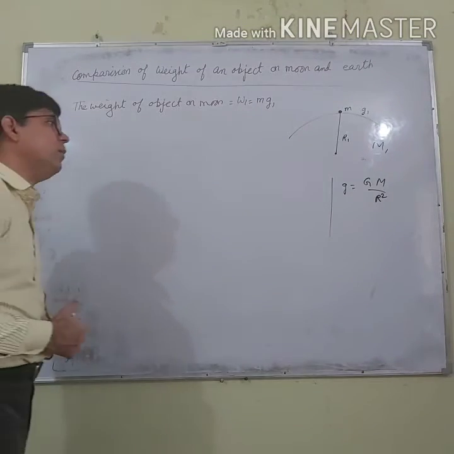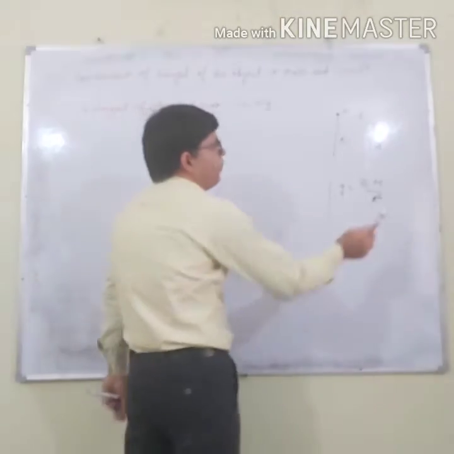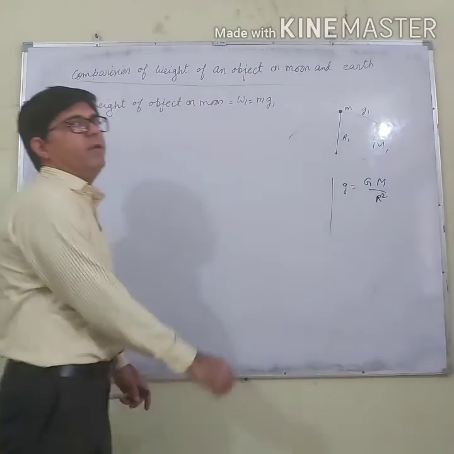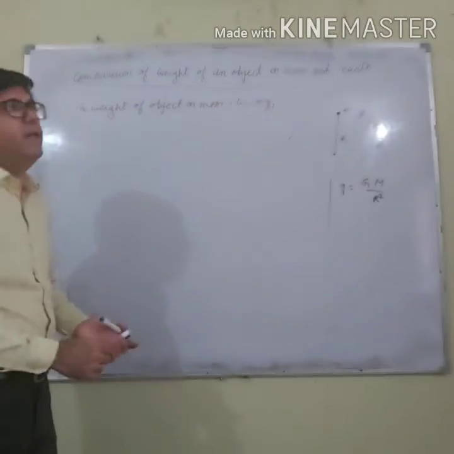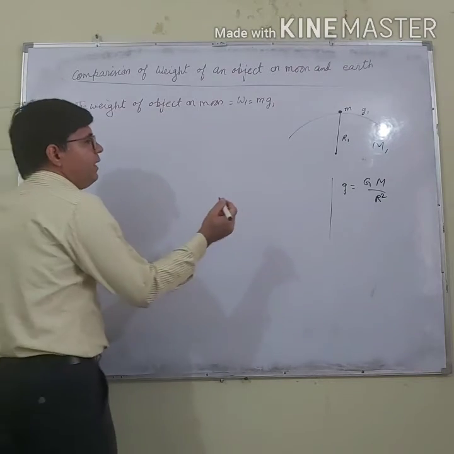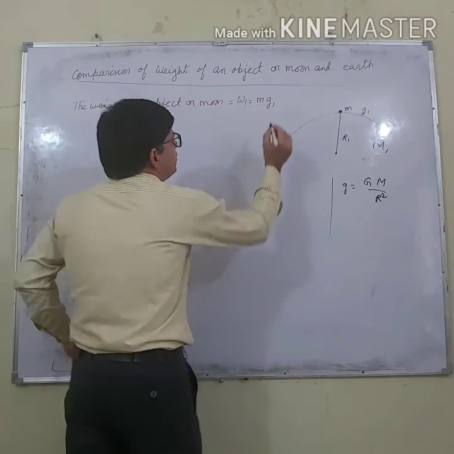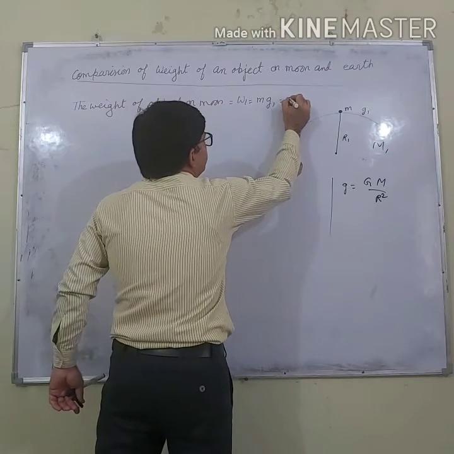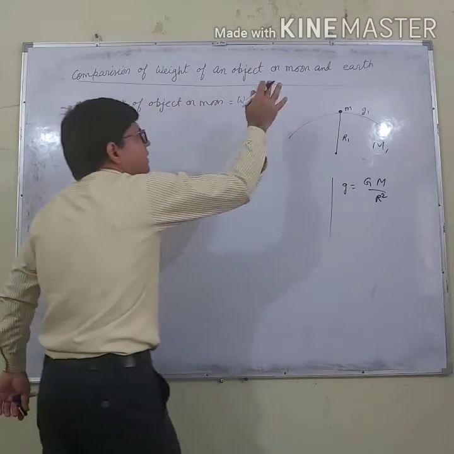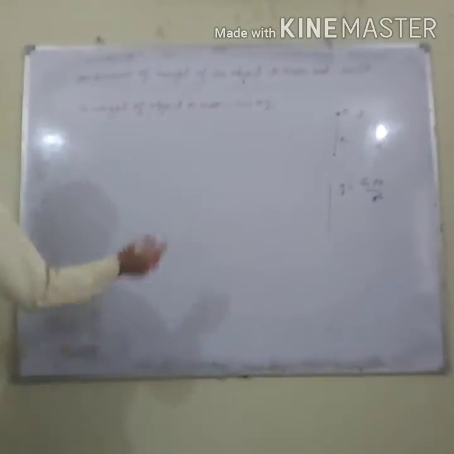If I am talking about the moon, then M will be the mass of moon and r is the radius of moon. Okay, that's sufficient. Let me do it in an easy way.